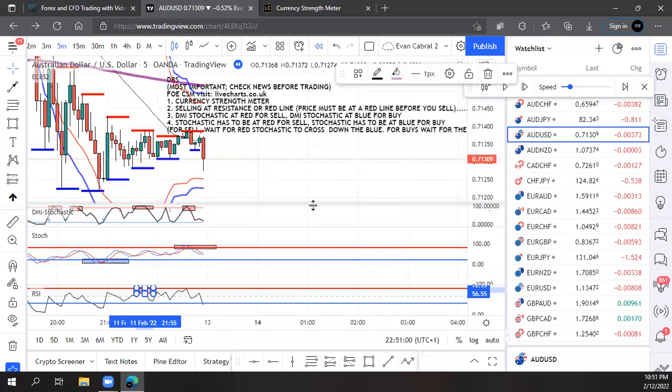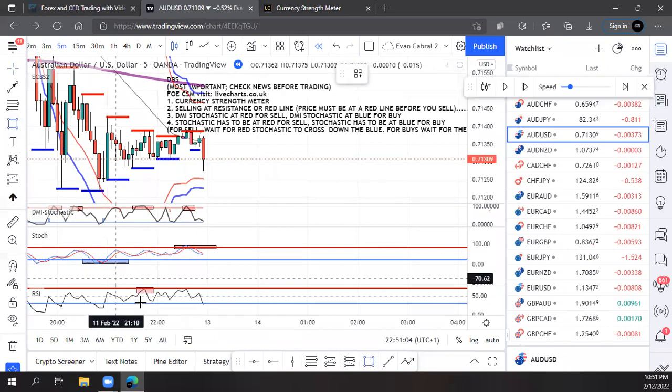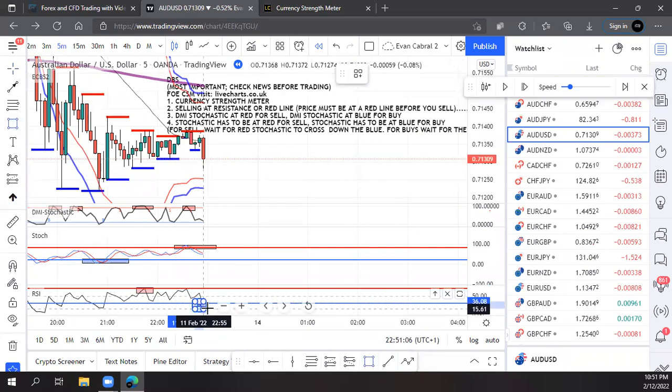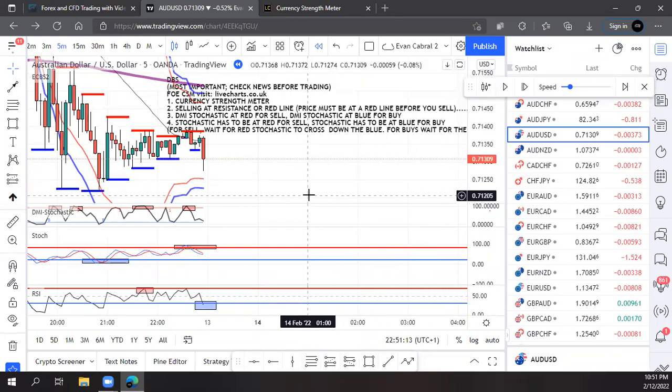If it's for a buy, we're waiting for the RSI to get to the blue area. So that's basically all the steps we need.